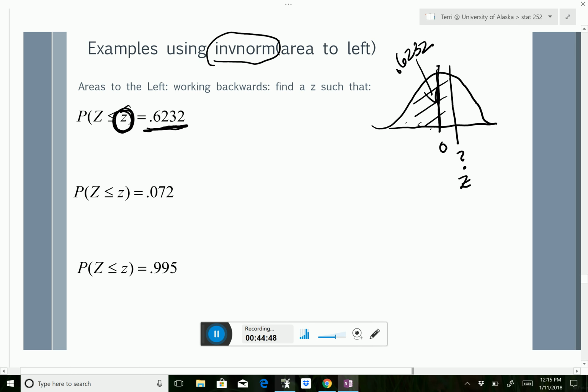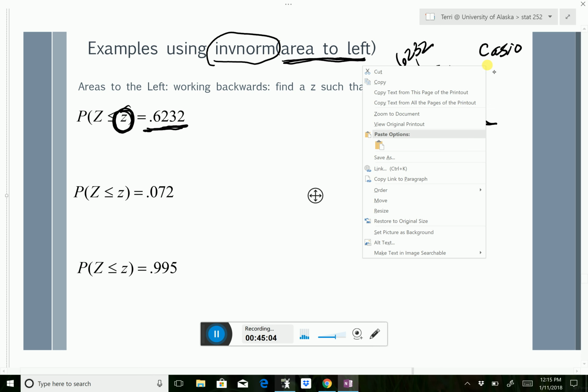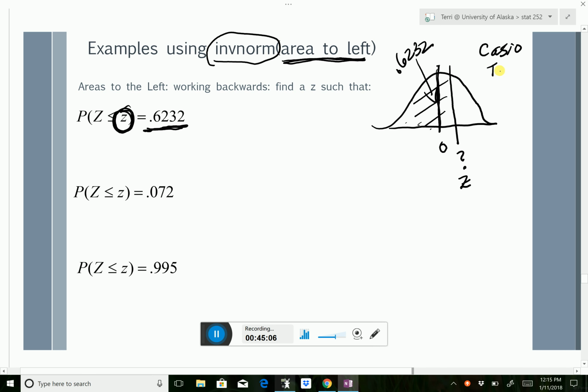We have something called inverse norm. Now, when you use inverse norm, your calculator assumes that you're telling it an area to the left. A few of you who are using Casios, or I think the newer TI-84s, the CE or something like that, actually allow you to change this to where you're going to do left, right, or center.